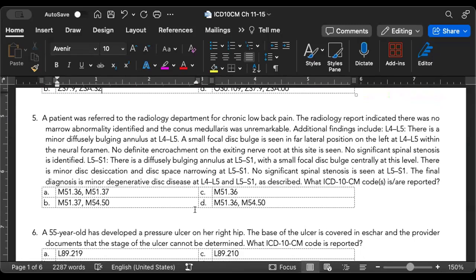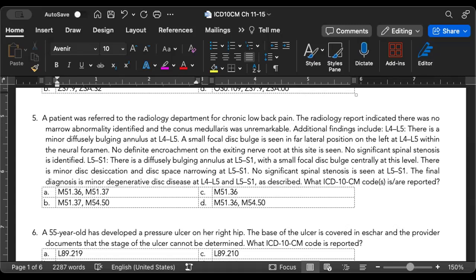We have a patient who was referred to the radiology department for chronic low back pain. The radiology report indicated that no marrow abnormality was identified, and the conus medullaris was unremarkable. Additional findings include L4, L5. There is minor diffusely bulging annulus at L4, L5. The small focal disc bulge is seen in far lateral position on the left at L4, L5 within the neural foramen. No definite encroachment on the existing nerve root at this site is seen, and no significant spinal stenosis is identified.